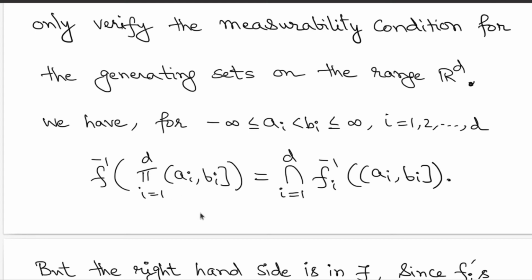But then it's easy to check that the pre-image under f can be written as this condition. So what are these? You are saying that these points that are in this pre-image, for these points the ith component lies in (a_i, b_i]. So that's what the left hand side means, right? So if you put a sample point on the left hand side, then f of omega lies in this product.